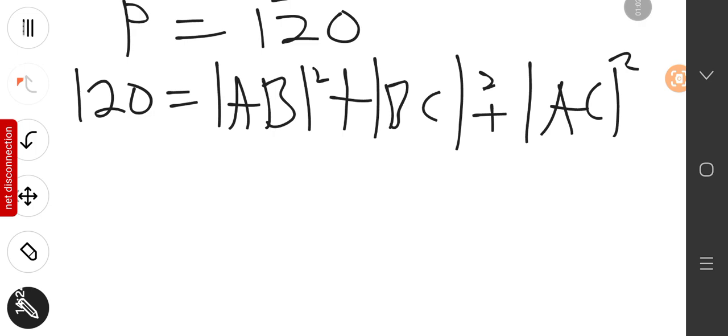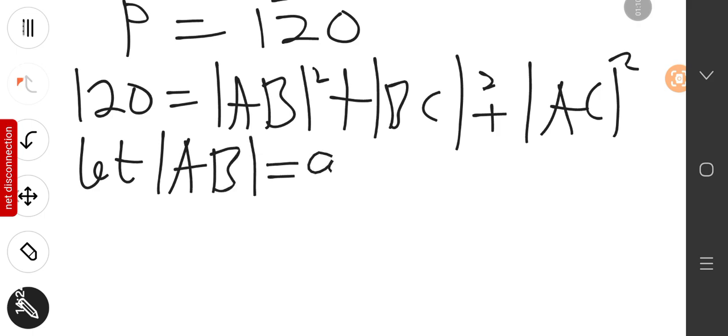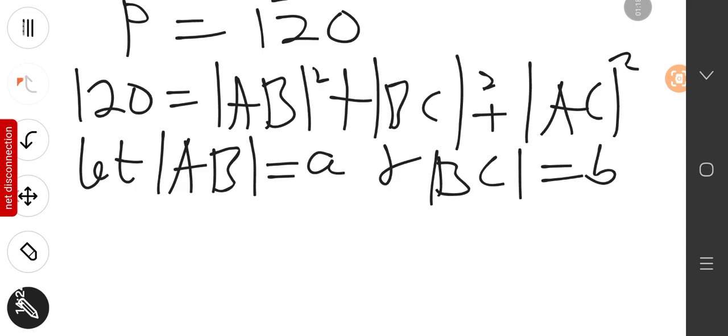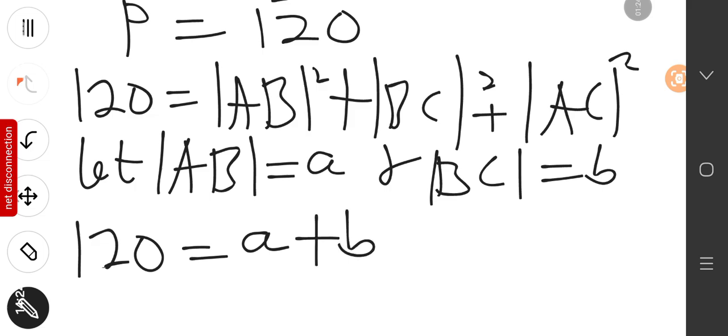Now let's represent AB and BC with variables. Let the length of AB be A and the length of BC be B. So our equation becomes 120 equals A plus B plus 51, since AC has been given as 51.